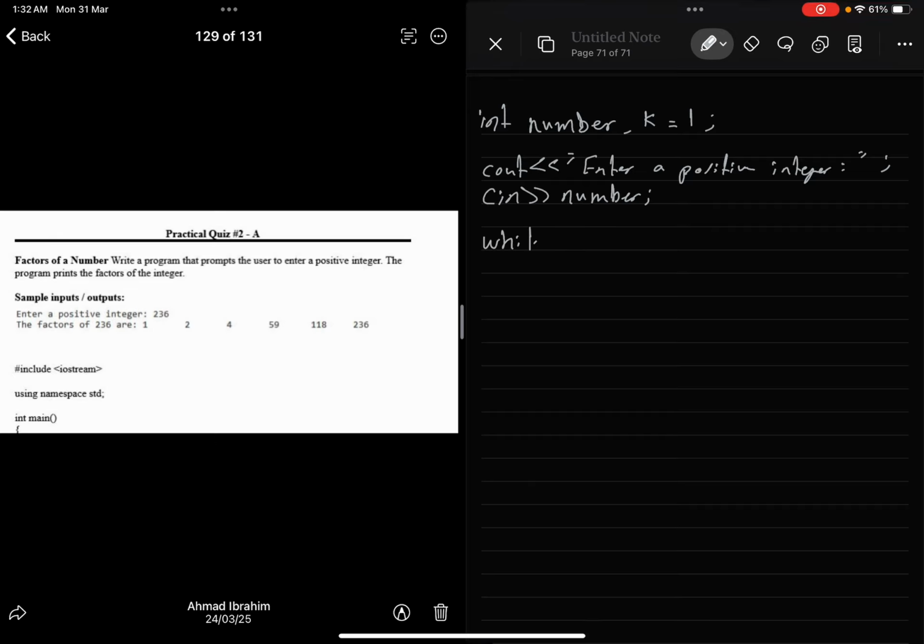while. So here while k less than or equal the number, that means if number modulus k equal 0, so that means cout k.